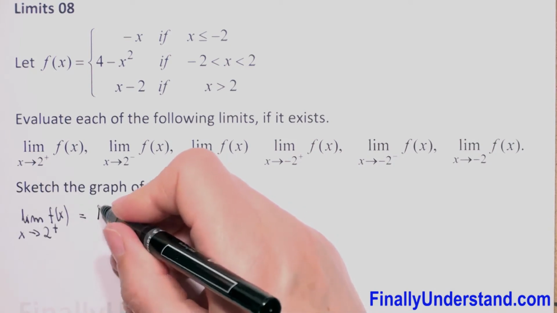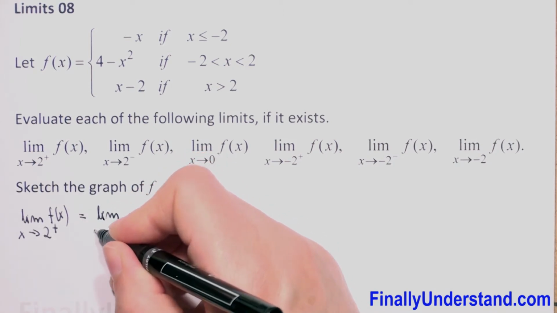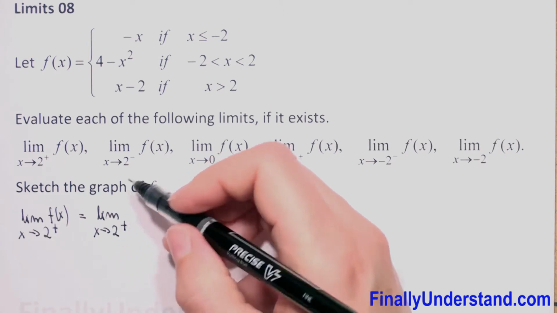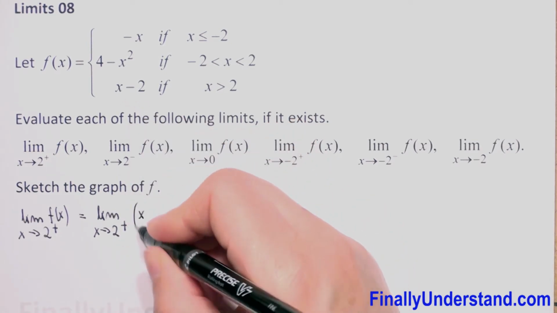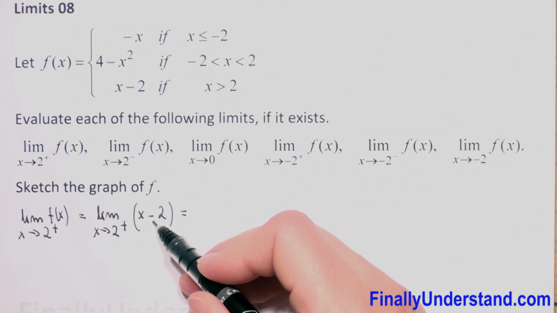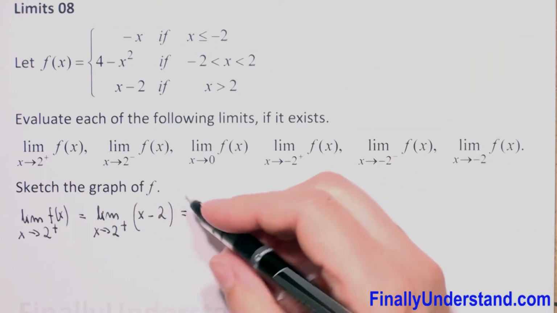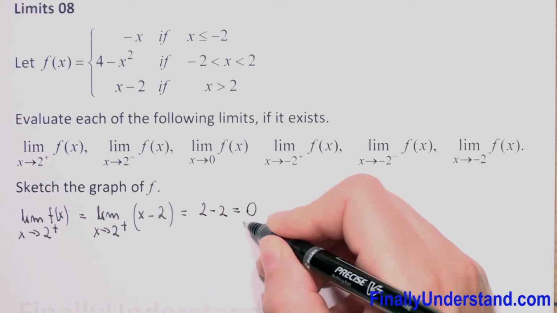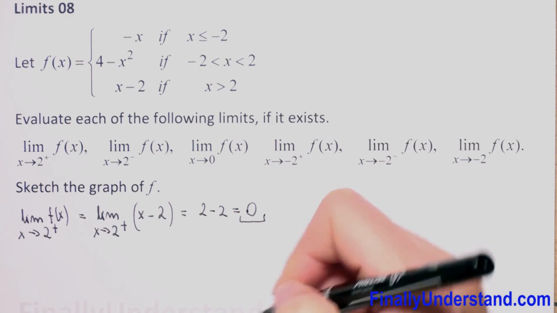So we have to calculate the limit as x approaches 2 from the right of x minus 2. Because we have subtraction here, we can just replace x by 2, so we will have 2 minus 2. This is equal to 0. So we have the first limit.